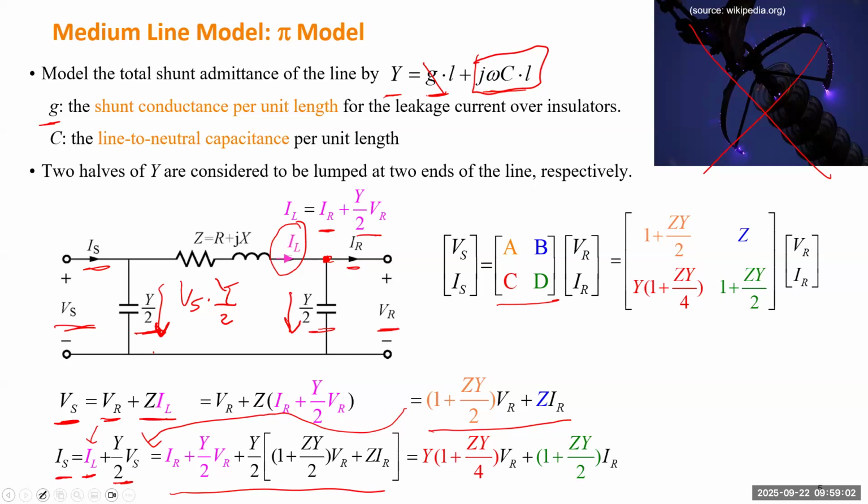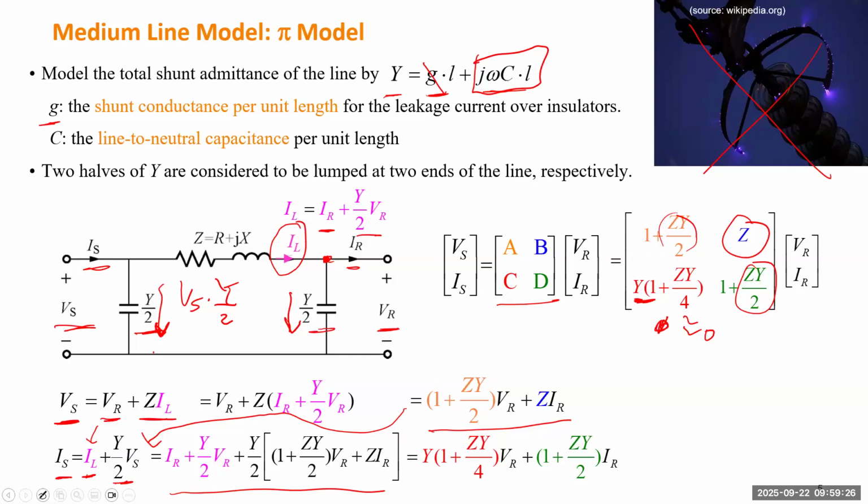Compared to the short line, this impedance stays, but all the other elements are different. For the short line, this one is 0, because if you ignore Y, this one will be close to 0. And the two diagonal elements are new elements added.